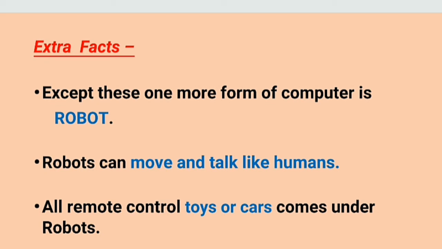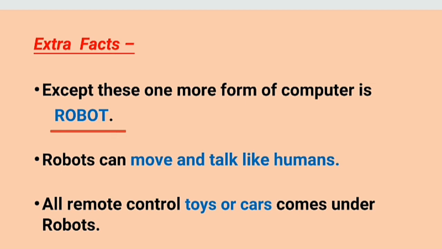Now, one more point is robots. One other form of computer is the robot. Except these, one more form of computer is the robot. Why are robots different from other computers? Because robots can move and talk like humans.